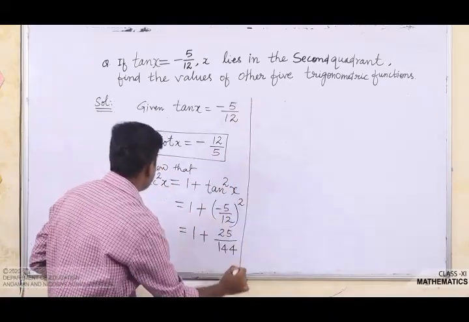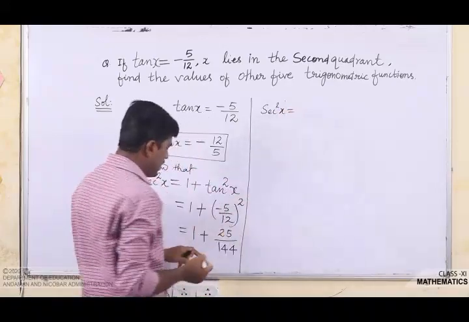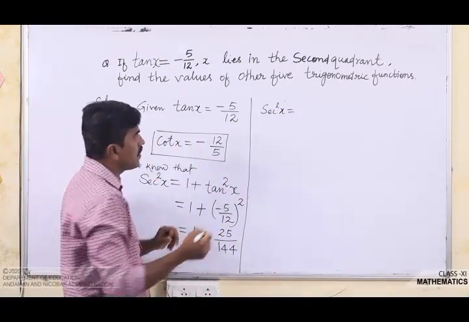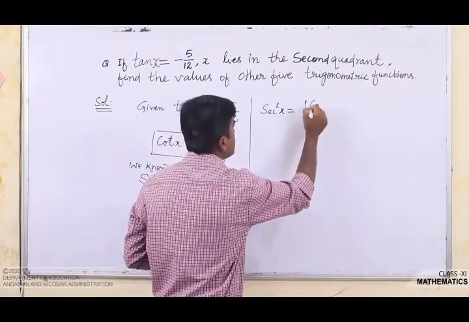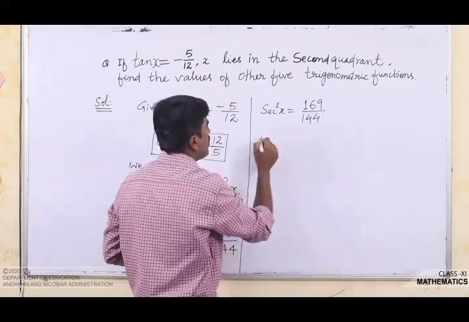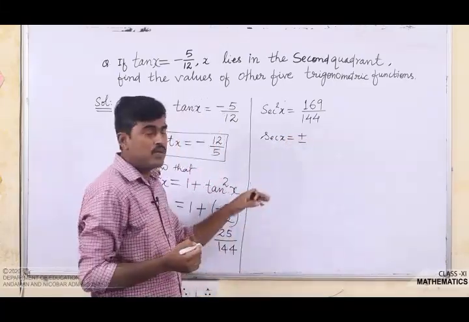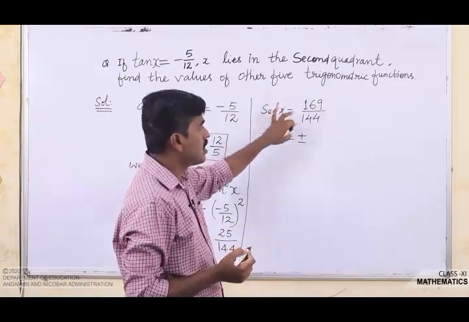Now sec square x is equal to 144 plus 25, that is 169 divided by 144. Now sec x is equal to plus or minus square root of 169 divided by 144.